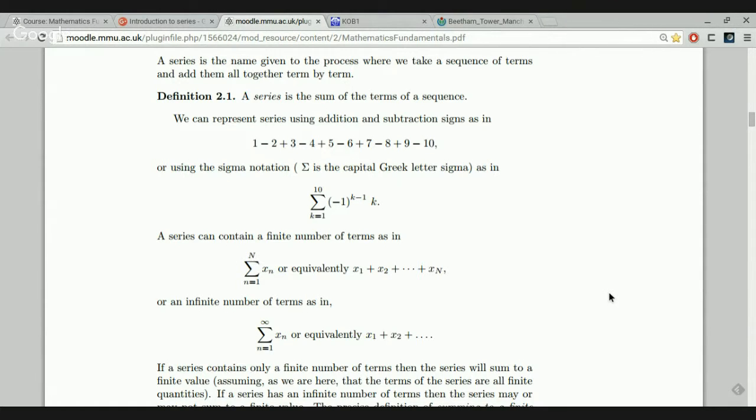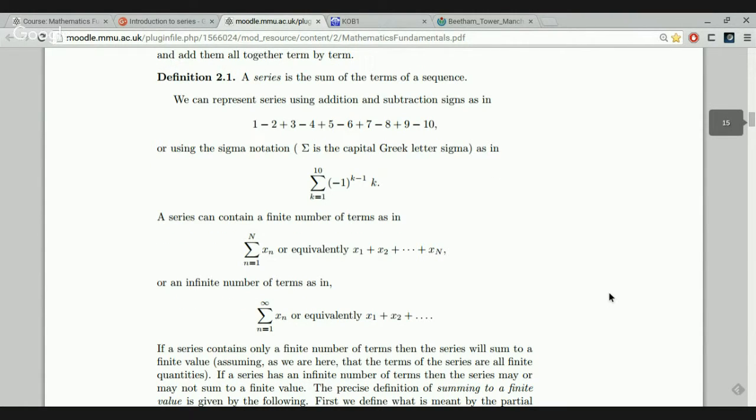And this first page just introduces some notation. So you can write out all the terms in a series, 1 minus 2 plus 3 minus 4 plus 5, etc. Okay, so the terms are 1 minus 2 plus 3 minus 4. Of course, that'll become extremely laborious, writing out long sums all the time. So we have a compact notation for writing sums, and that's the sigma notation.